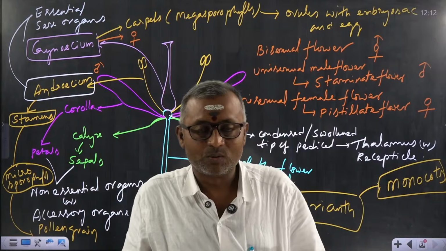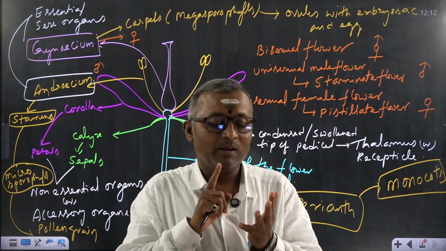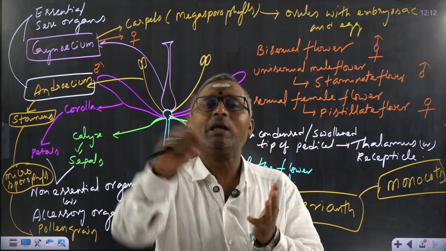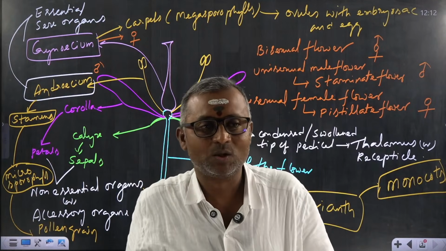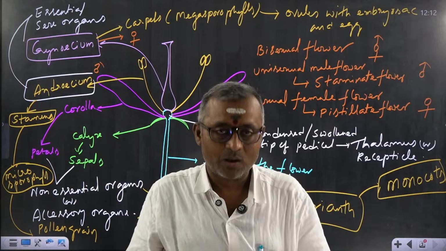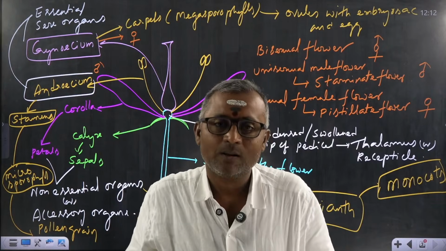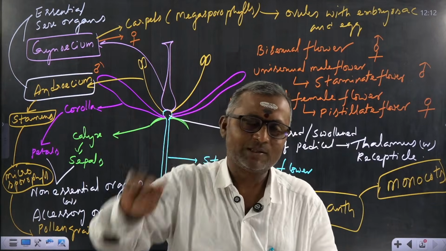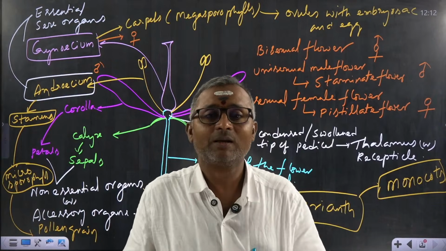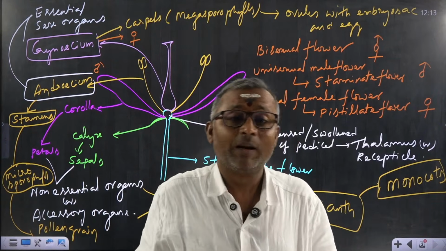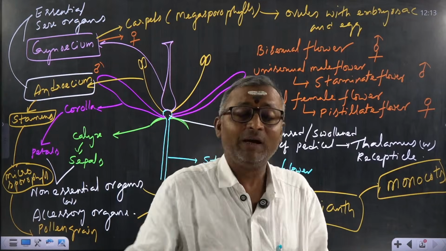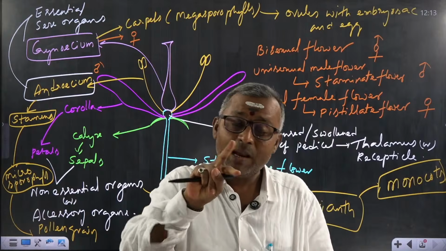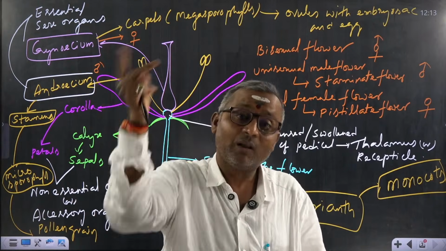So what I am trying to tell you is, we have angiospermic plants with only bisexual flowers. Best example, China rose. I think you might have seen China rose. In China rose, the plant contains only bisexual flowers. Similarly, there are also plants where you can find both male flowers and female flowers on the same plant.